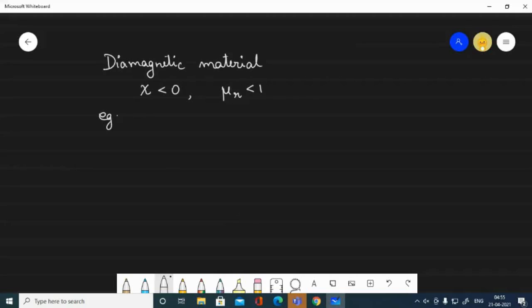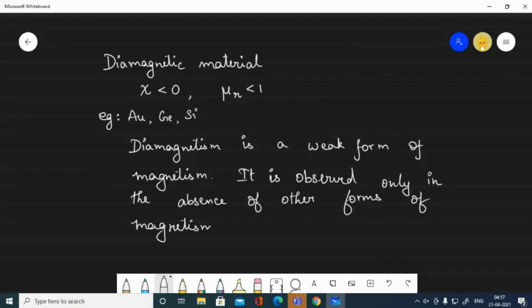Examples for diamagnetic material include gold, germanium, silicon. Diamagnetism is a weak form of magnetism and it is observed only in the absence of other forms of magnetism. Since it is very weak and is evident only when other magnetic properties are absent, it is of no practical use. But diamagnetism is intrinsic to the material.